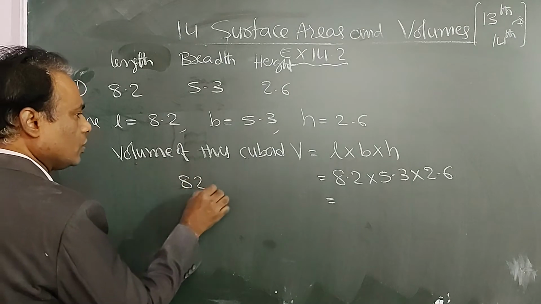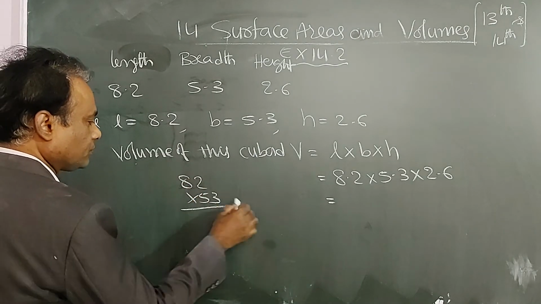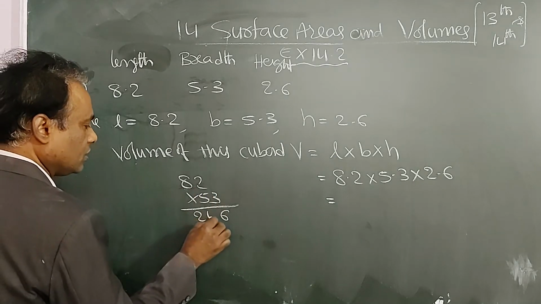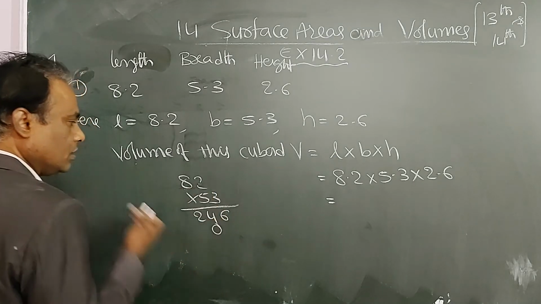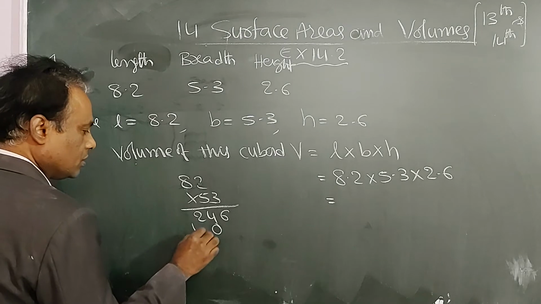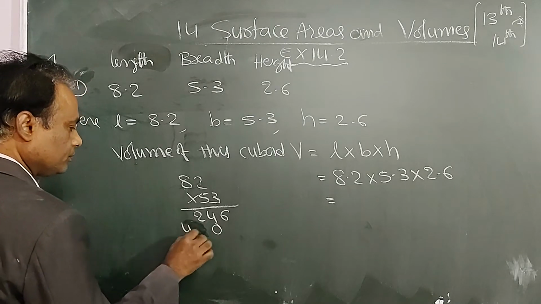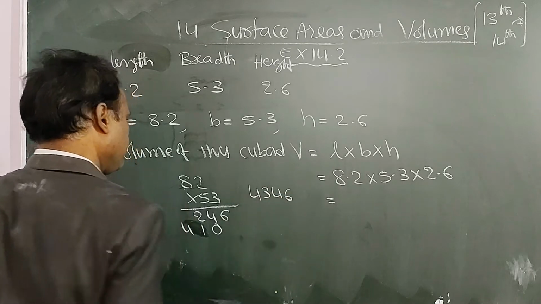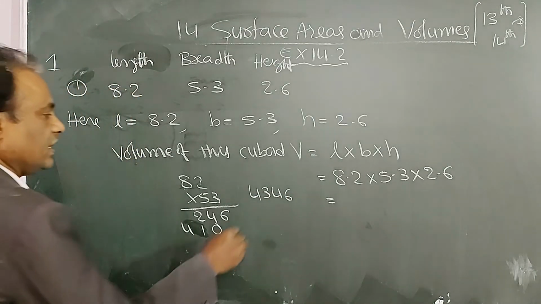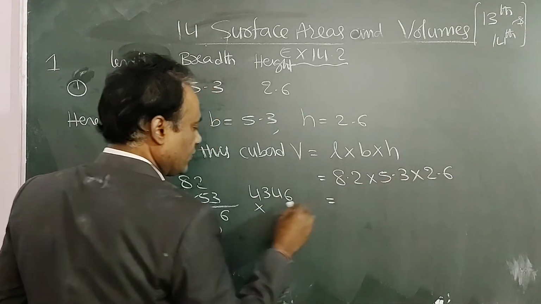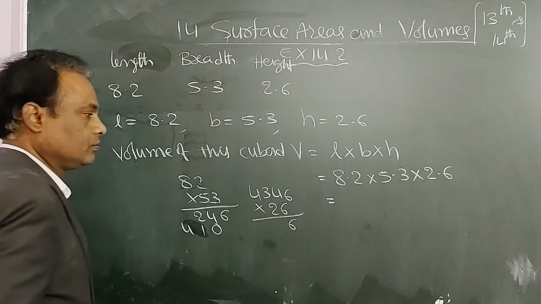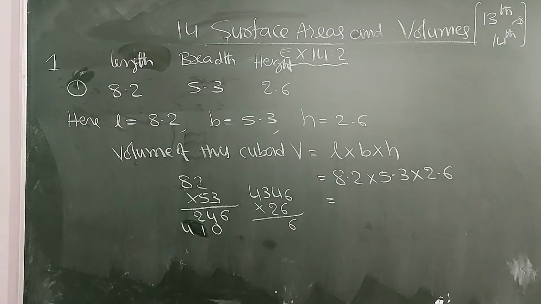So first 82 into 53. Four three four six into 26. Decimal afterwards. Multiply, students. Do it.